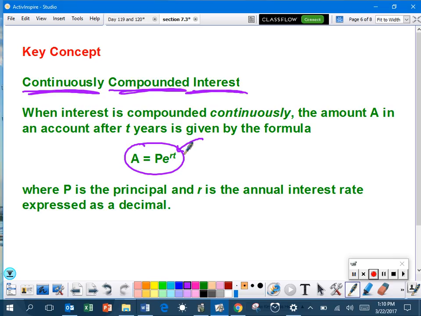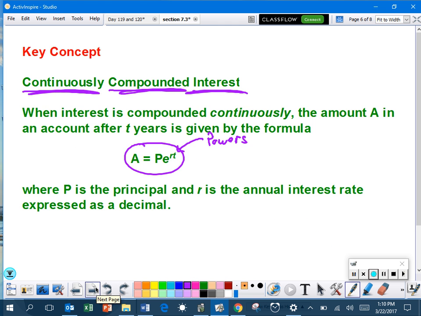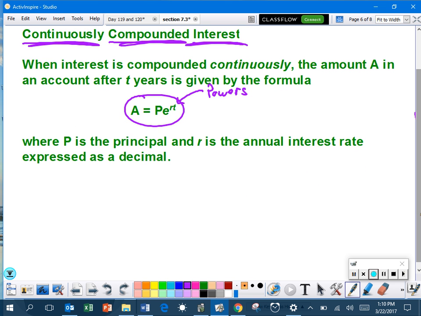Please make note that the R and T are exponents. They are powers. Now, whoa. Where did that come from? Okay, remember, ladies and gentlemen, that 1 plus 1 over n to the n approaches E, 2.718. But we're not going to use 2.718. We're going to use E in its place. All right, so super easy formula to use.